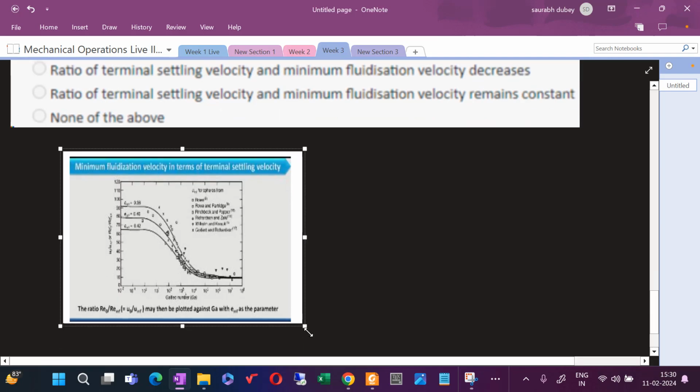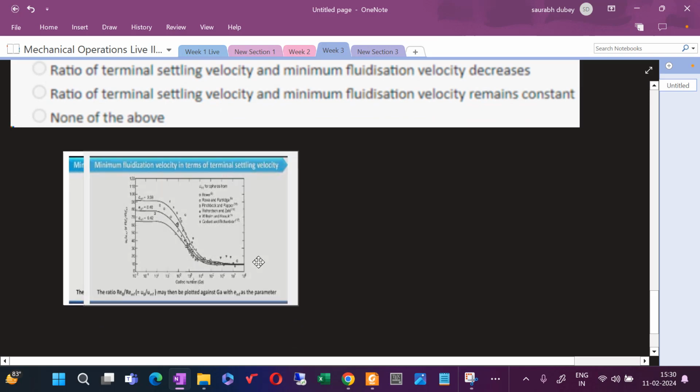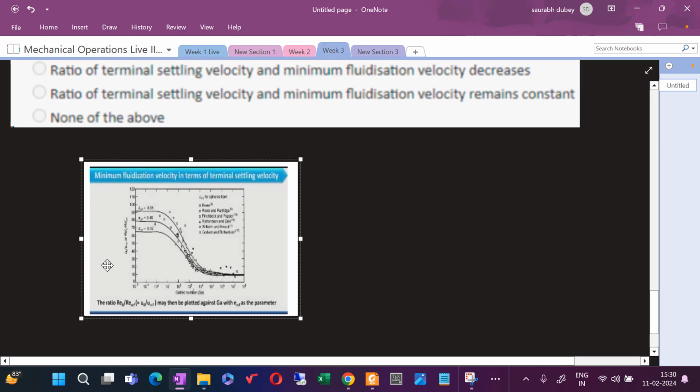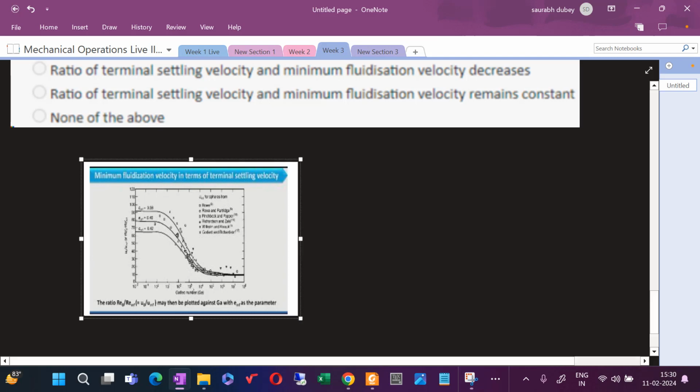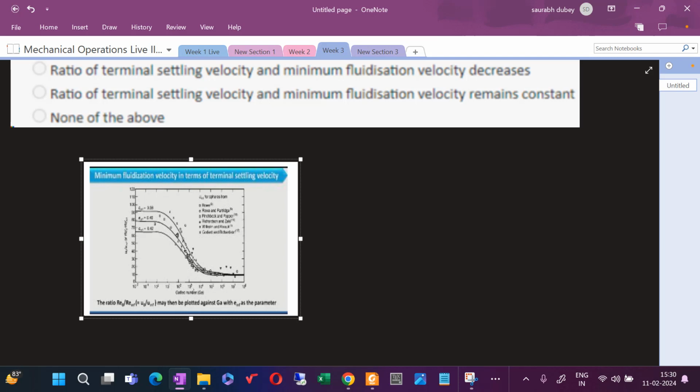So you see this one here. It has been shown that the ratio of the Reynolds number at the terminal settling velocity, or terminal falling velocity, to the Reynolds number at minimum fluidization velocity is plotted against the Galileo number.